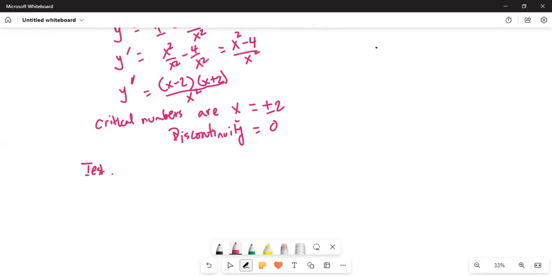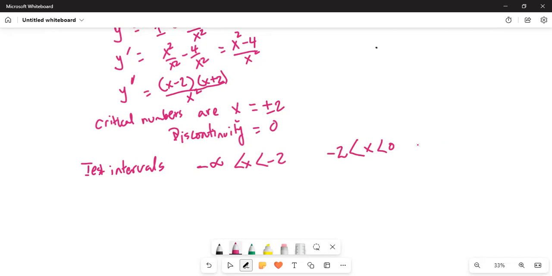Test intervals. And the intervals will be minus infinity less than x less than minus 2, and then minus 2 less than x less than 0. I meant to say the discontinuity is 0.